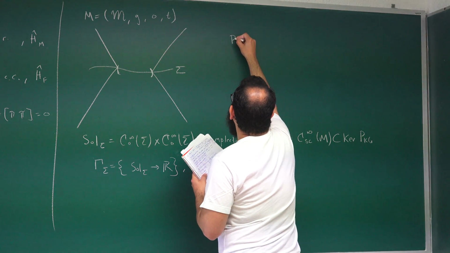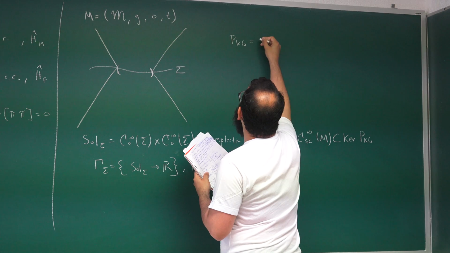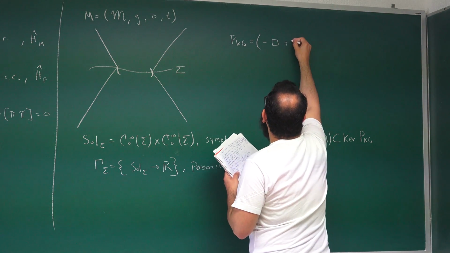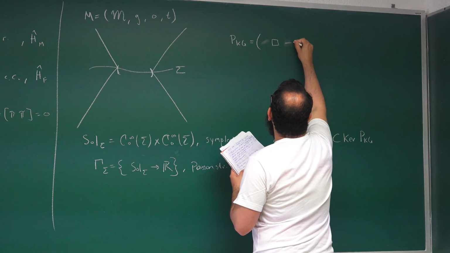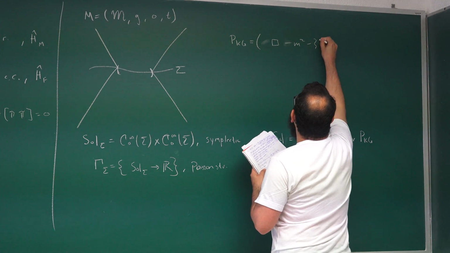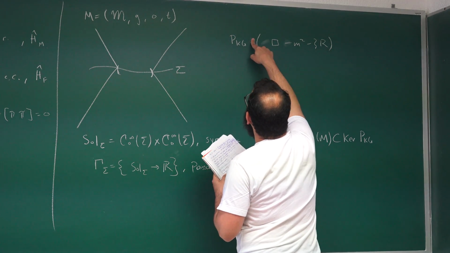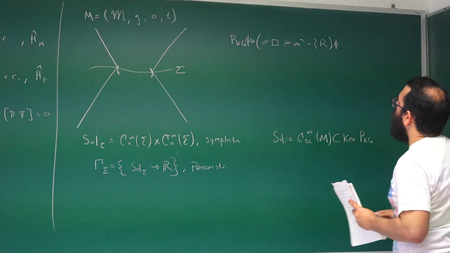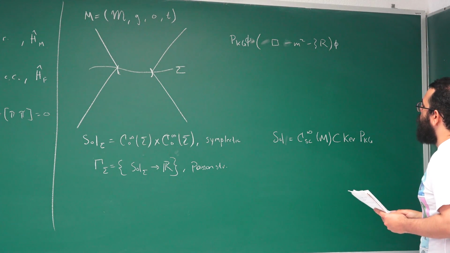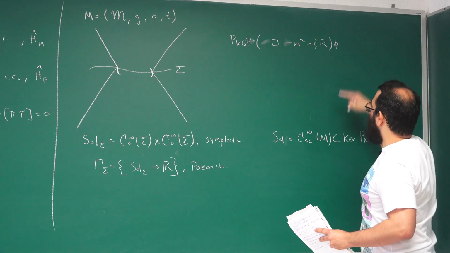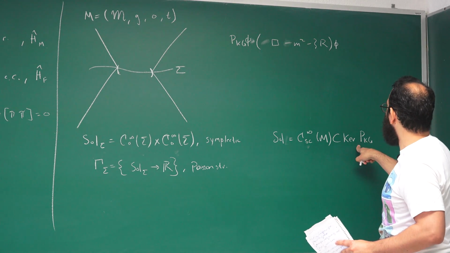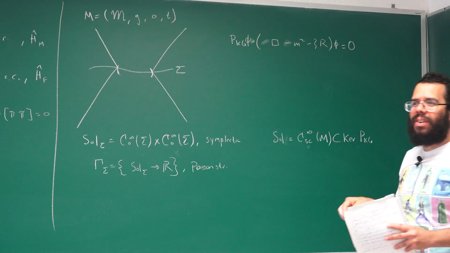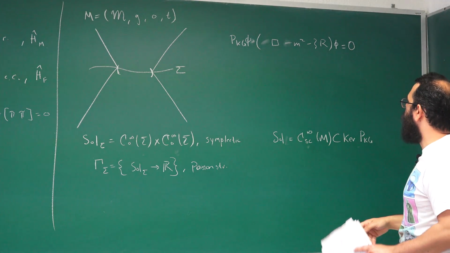The Klein-Gordon operator is given here. When I say that the solution space lies in the kernel of that operator, I mean that it's equal to 0. So I'm on shell, right? This is just saying that you're satisfying the field equation.